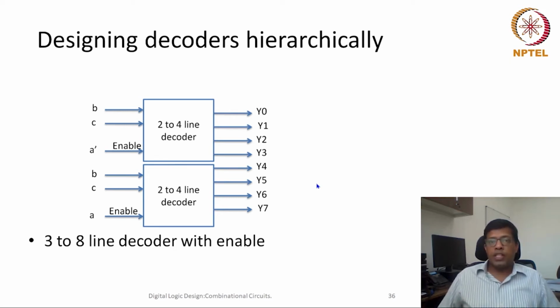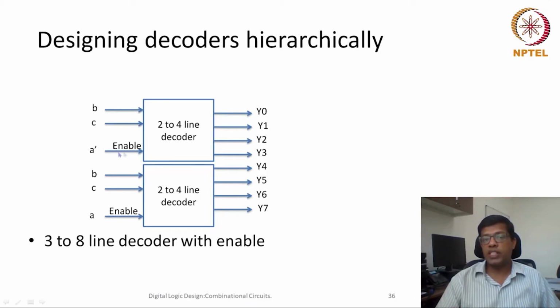So here with an example, what I am showing is that this 3 to 8 decoder I need to convert hierarchically. So what I can do is I can create 2 to 4 decoders. There would be two such decoders required. Then for this enable input, for the first decoder I can give A dash as an enable, and for the second one I can call this A as enable.